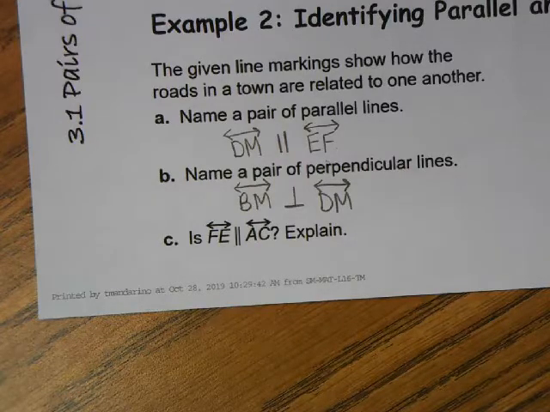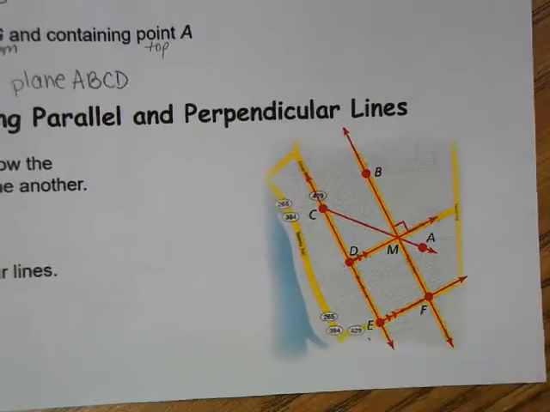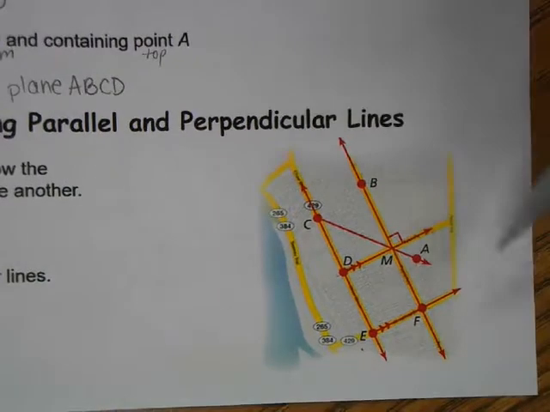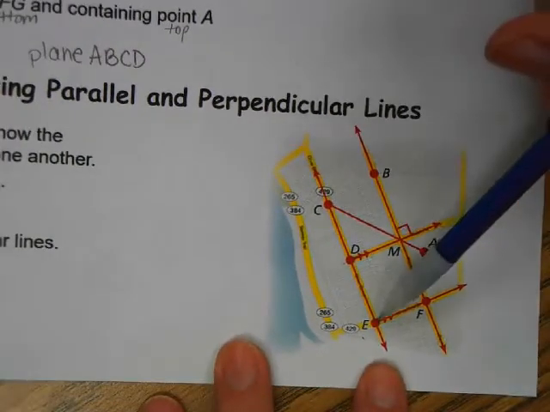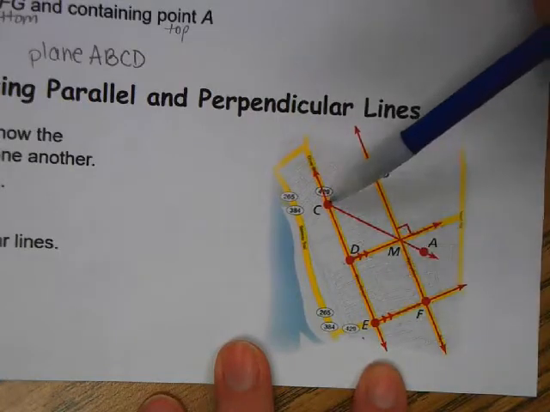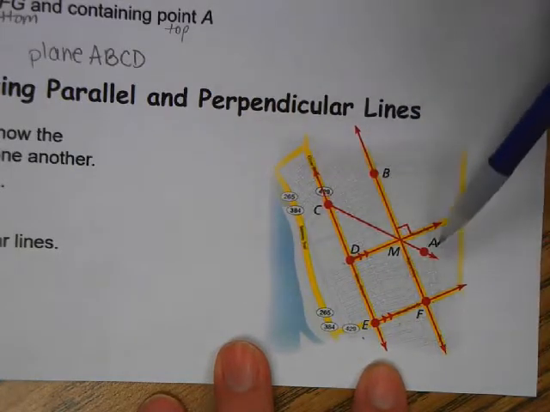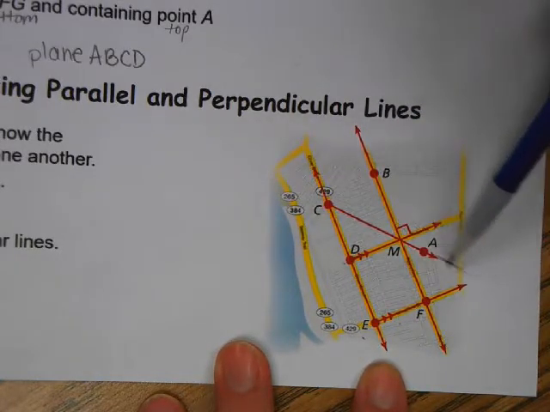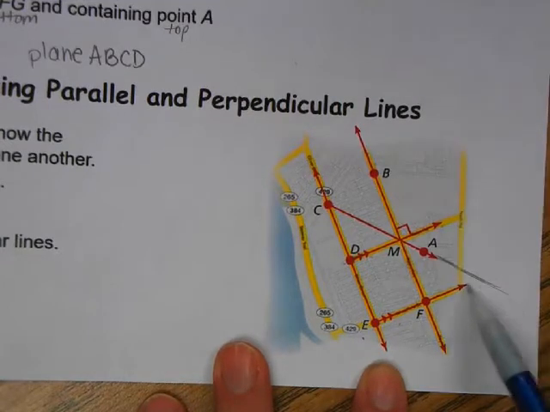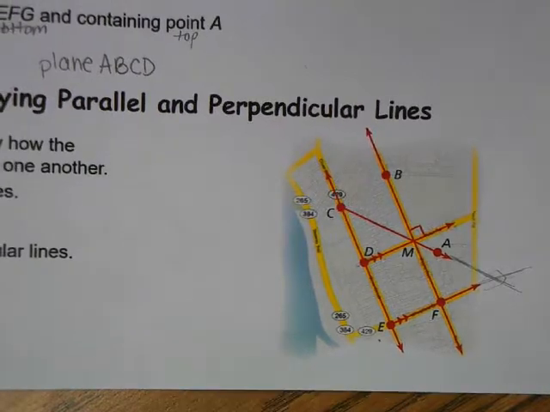And then is line FE parallel to line AC? So looking at the diagram, here's EF and here is AC. So if you were to continue on with these lines, they would eventually intersect, which means that they're not parallel.